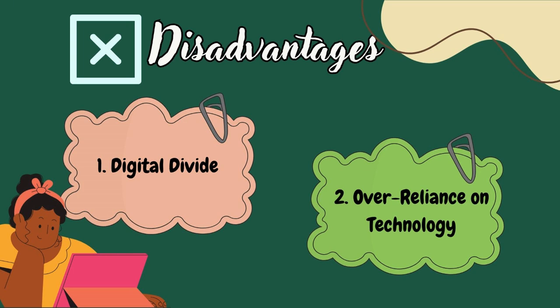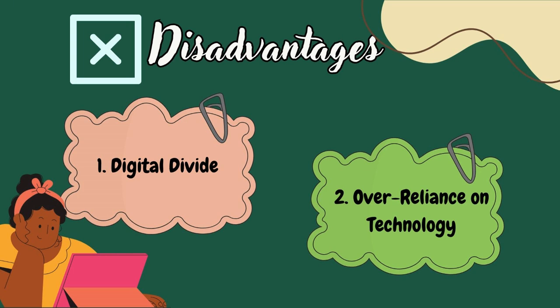One big problem with over-reliance on technology is that it can make us less self-sufficient. If we always use calculators, we might forget how to do math in our heads. Similarly, if we rely on spell check, our spelling skills might weaken.